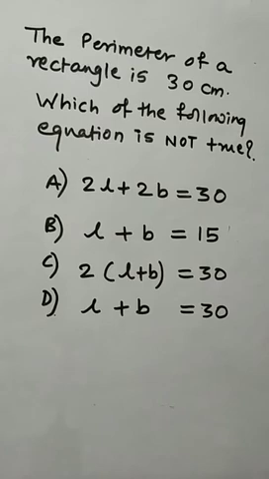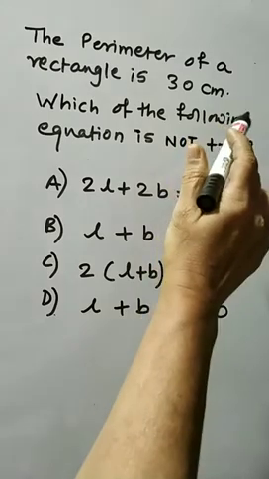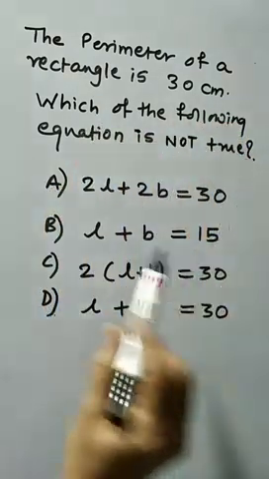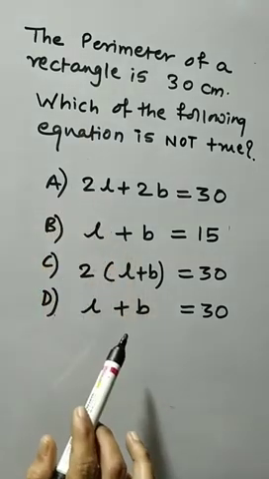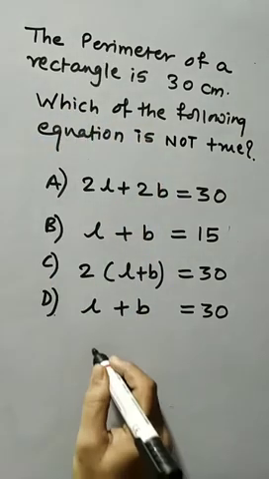Now look at this question. The perimeter of a rectangle is 30 centimeters. Which of the following equations is not true? So you are given four equations over here. Just observe each of them very carefully. Which is the figure? It is the rectangle.